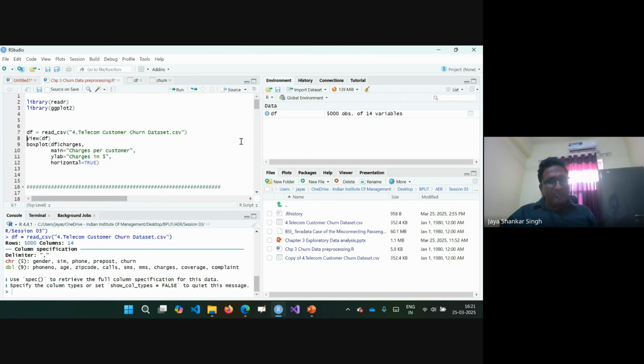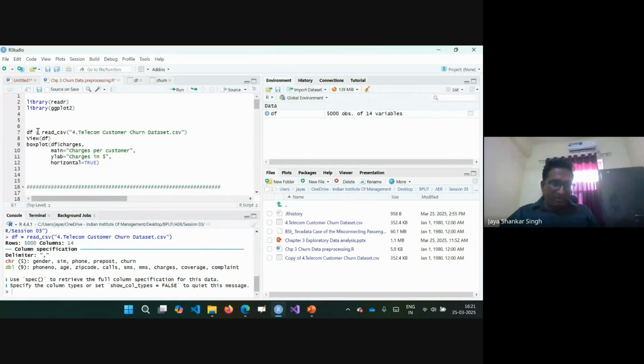Now this environment window has become active. I have a data file df. It has 5,000 observations of 14 variables. Correct?